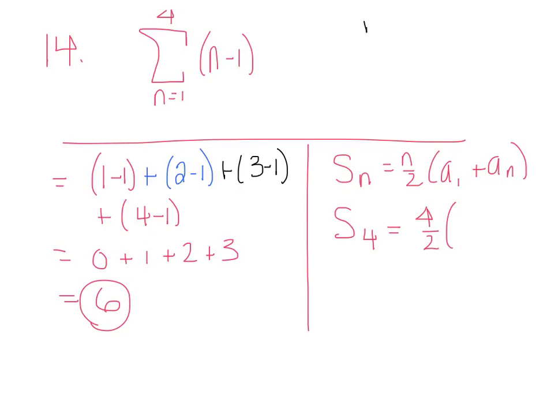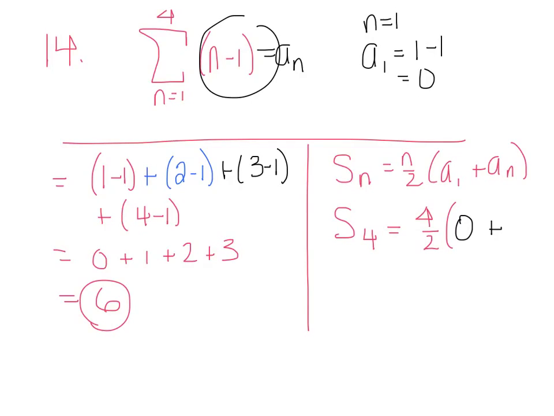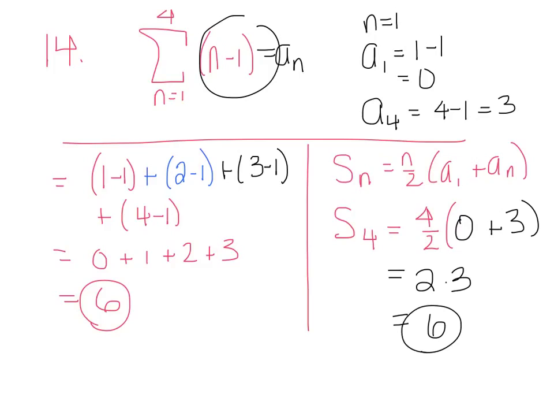I'd have to say n equal 1, so a1 is equal to 1 minus 1 is equal to 0. Plus, remember this is my definition for an. a4 would equal 4 minus 1 is equal to 3. So in the end, I got 2 times 3 is equal to 6. That's my sum. And I can do it either method, your choice.